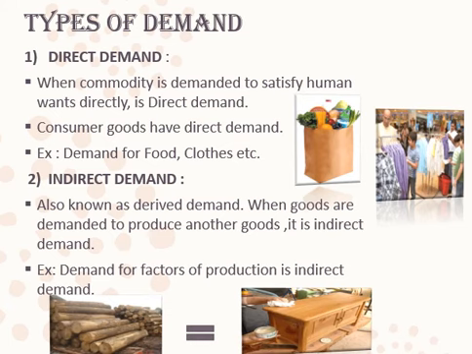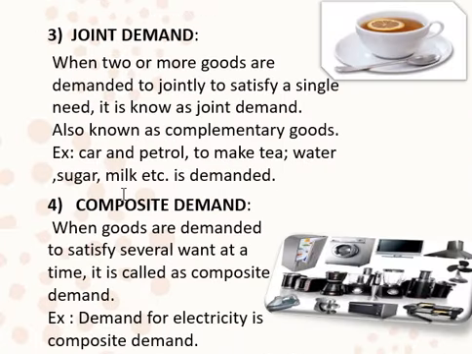Moving on to the third type of demand, known as joint demand. Joint demand, as the word says, means commodities are demanded to satisfy a single need. For example, you will need water, sugar, milk, and tea just to make tea for you.